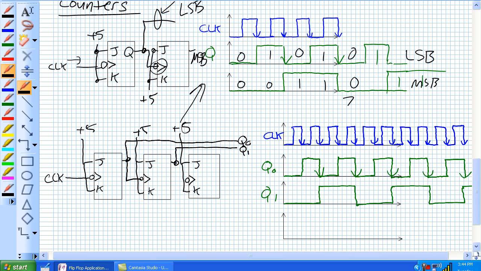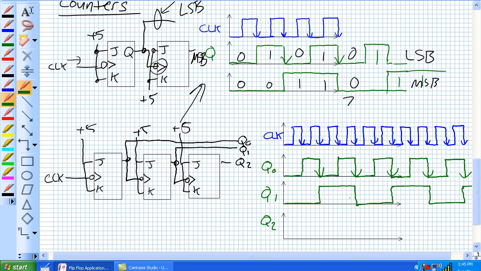And because we want a 3-bit counter, we take Q1 and feed it into the clock signal of the third stage negative edge detection JK flip-flop. And what's the output? Q2. What does Q2 look like?